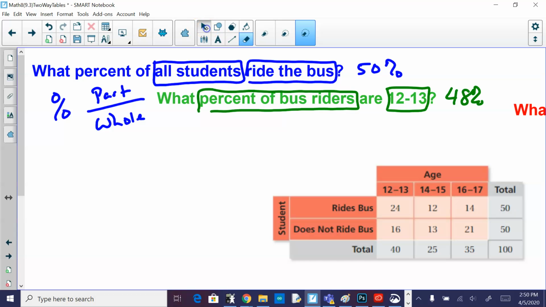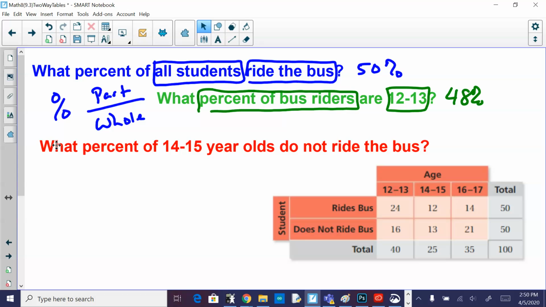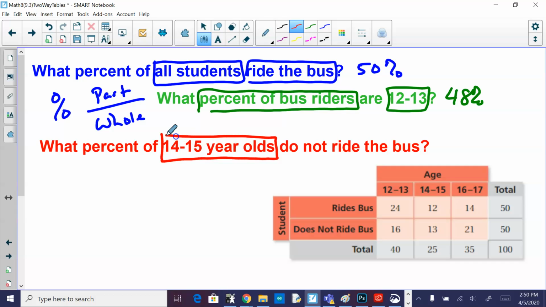Last question here. What percent of 14 to 15-year-olds do not ride the bus? We really have to think about what the question is asking. It's asking out of all the 14 to 15-year-olds. So that's the whole. Where do we find that number? Look in this column, 14 to 15-year-olds. There are 25 14 to 15-year-olds. So that goes into the whole part of our percent.